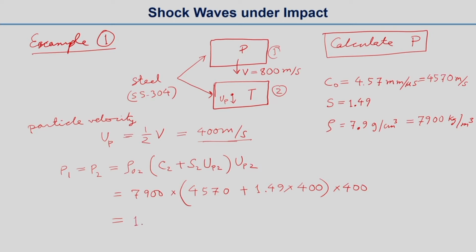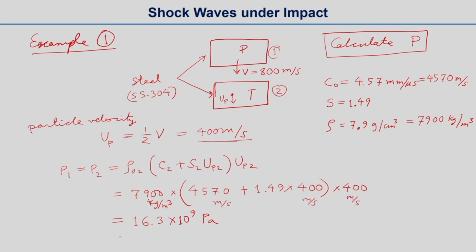So this will give us a big number, 16.3 times 10 to the power 9 Pascal. All the units are in SI: kg per meter cube, and meter per second, meter per second, meter per second.